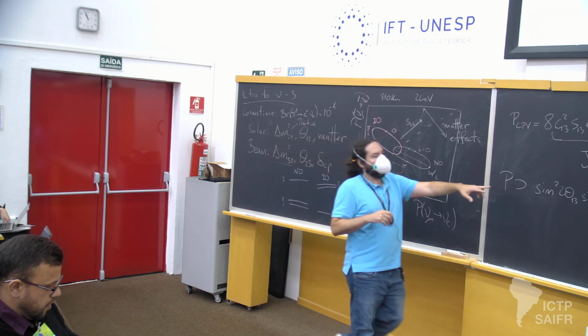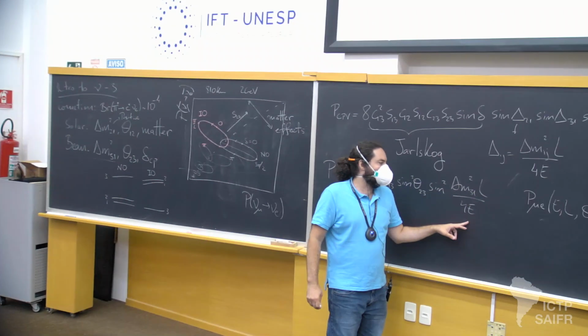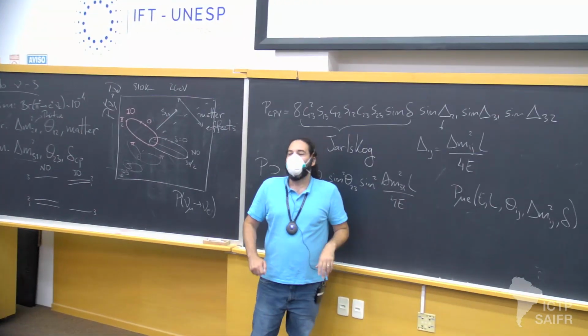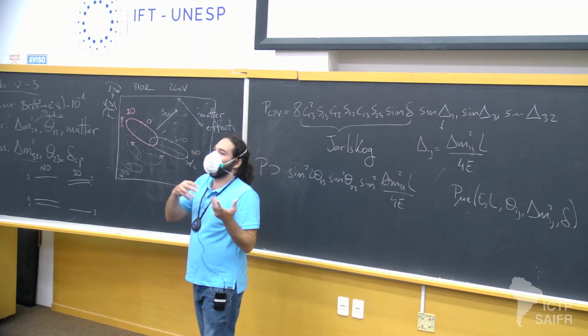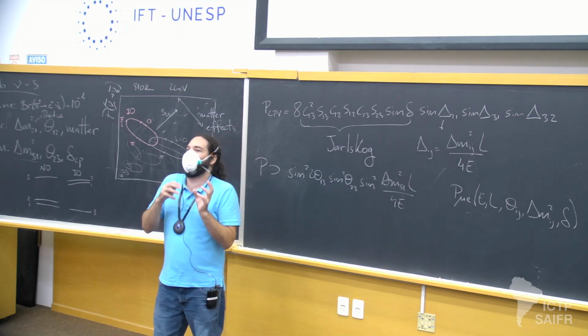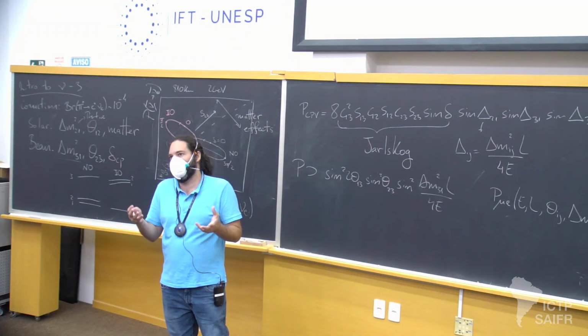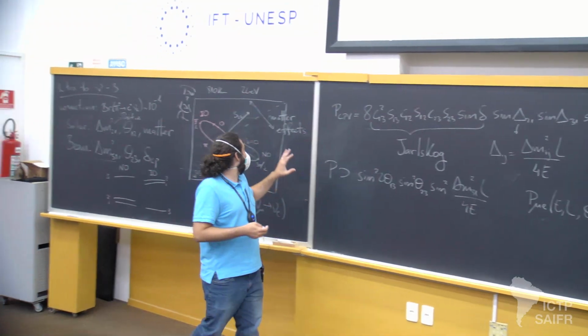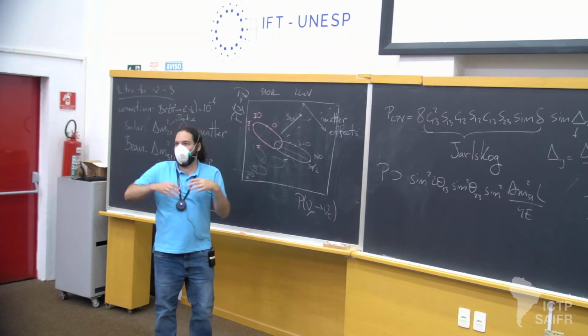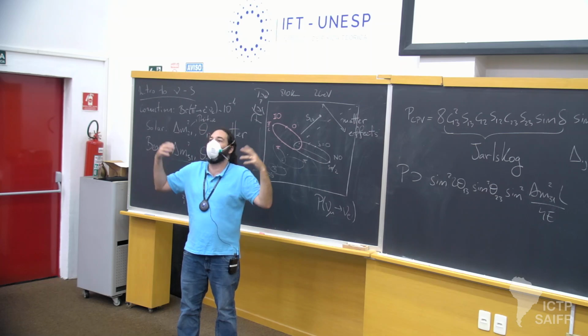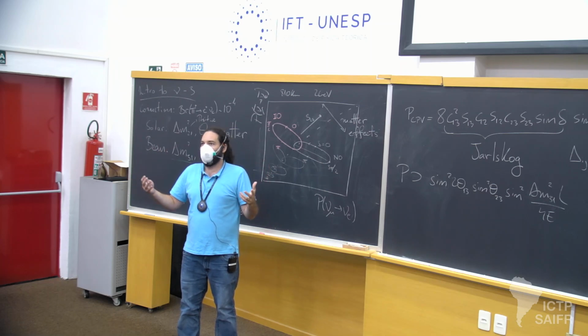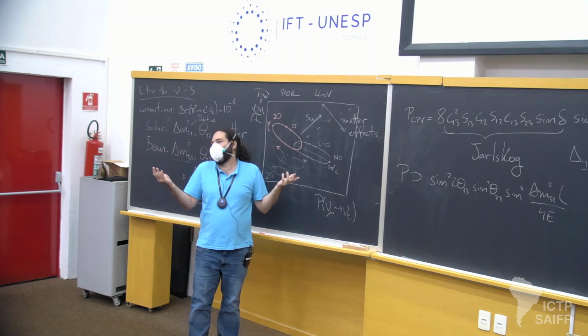If I change the baseline, it's kind of similar to the energy, although matter effects do not depend identically on energy and baseline. So it's not exactly the same, but it would be similar. The reason why you choose the values that you choose is that you want to see where oscillations are the largest, so that you can design your experiment, for example, right?